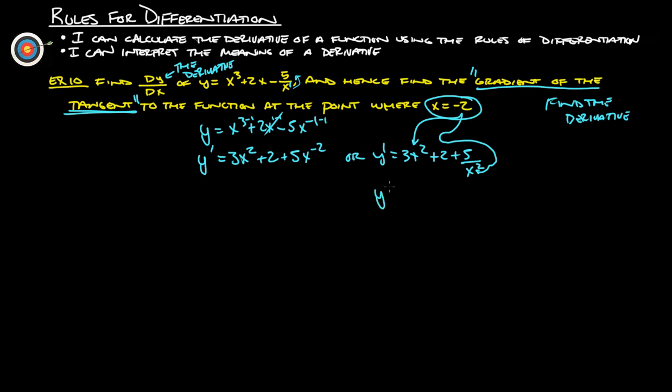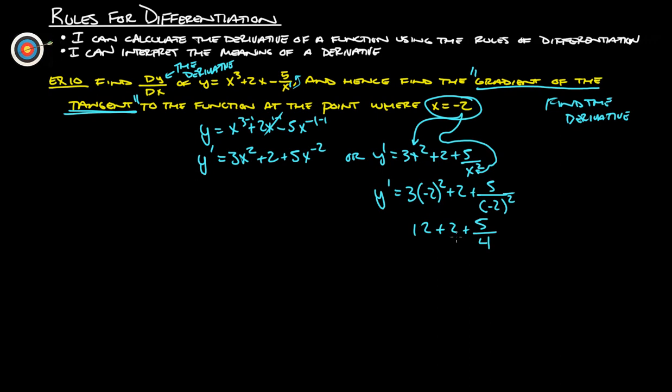So if we're going to do that, y prime equals 3 times negative 2 squared plus 2 plus 5 over negative 2 squared, right? So this gives us negative 2 times negative 2 is 4, times 3 is 12, plus 2. And then 5 divided by negative 2 squared is 5 over negative 2 times negative 2, which is positive 4.